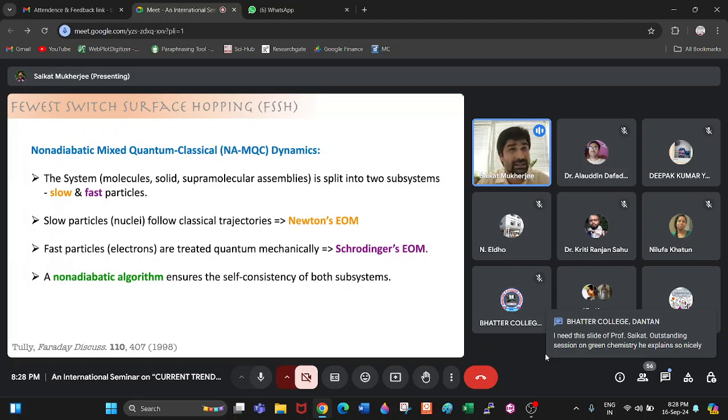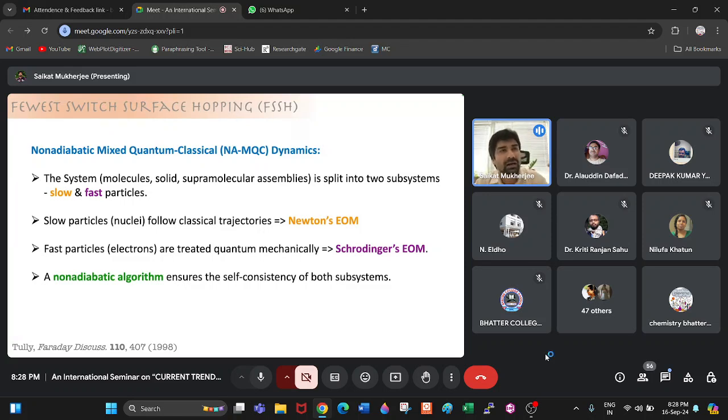For the fast particles, that is the electrons, you solve the time-independent Schrödinger equation. It is nothing but a quantum chemistry calculation. You ask your favorite software, hey Gaussian, please calculate energies and so on. Gaussian will give you this, the time-independent Schrödinger equation calculation.